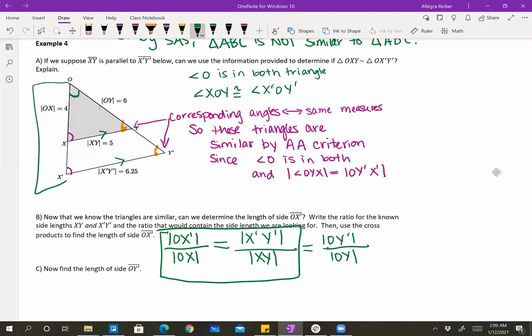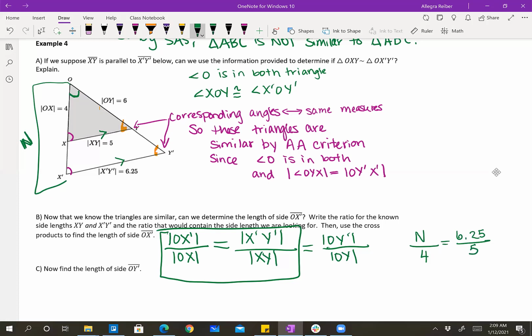We already have a Y. Let's call it N. So I'm going to have the length of OX prime, which I'm going to call N, divided by the length of OX. That's 4. Then I'm going to set that equal to the length of X prime, Y prime, that bottom length in the triangle, 6.25, divided by the length of XY, which is 5.